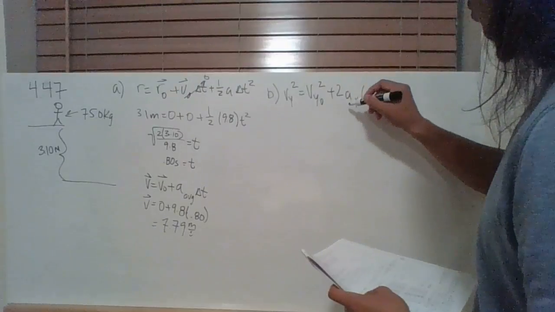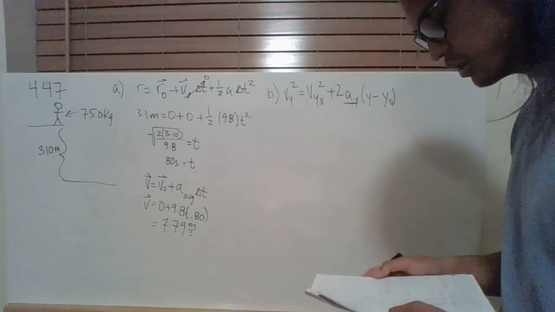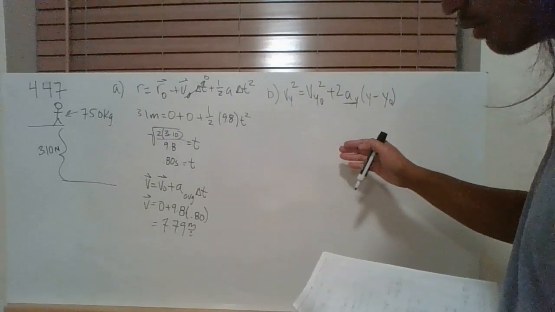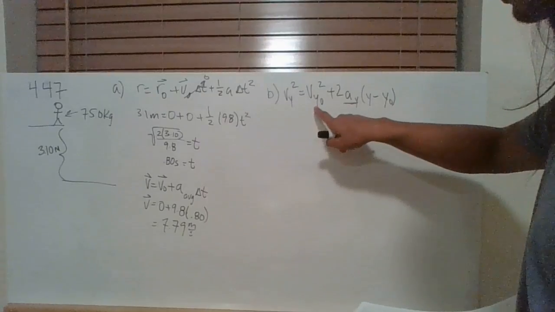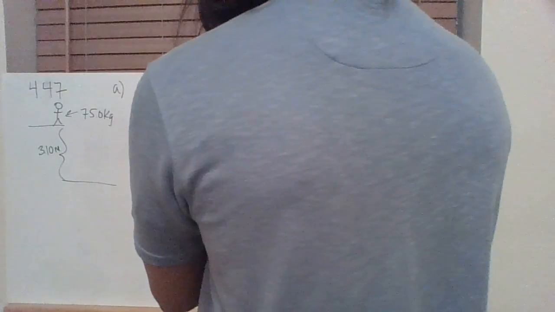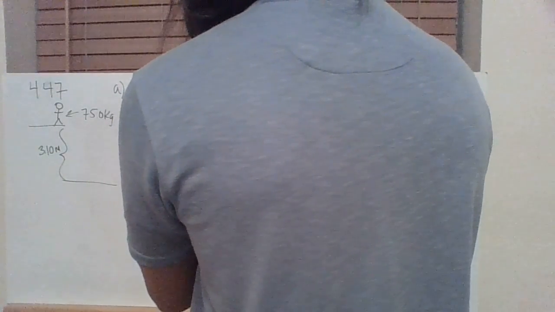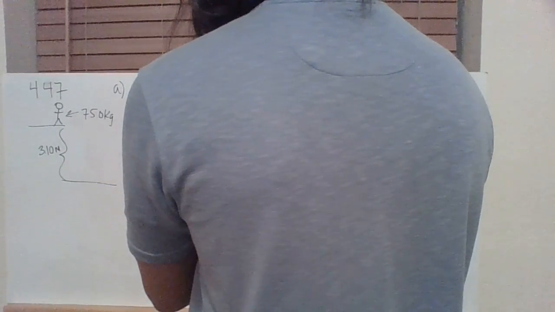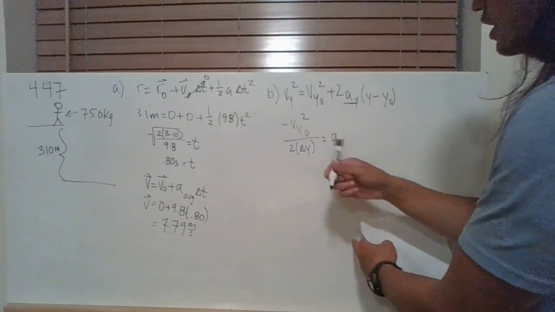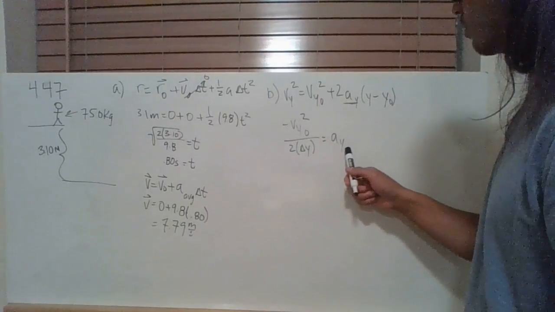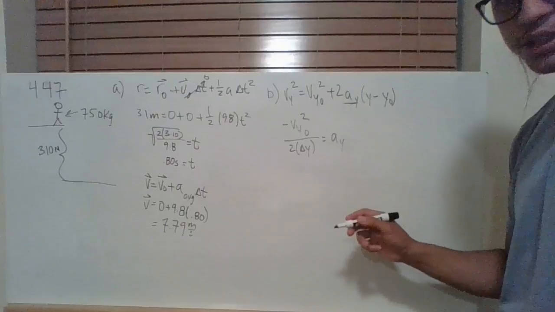Yeah, we're solving for this. Sorry, I wrote it differently in my paper. We can rearrange this because we have a lot of the information already. We have the final velocity, we have the initial, and we have the change in y. So when you rearrange this, you have your initial velocity squared over 2 times delta y equals the acceleration in the y direction.